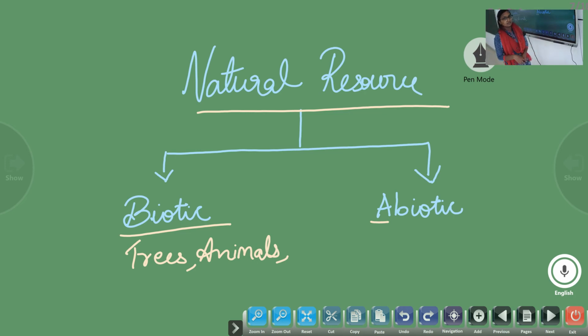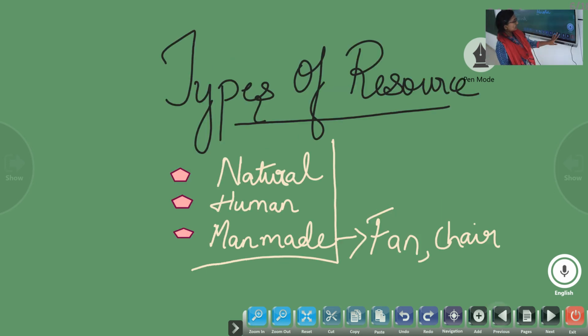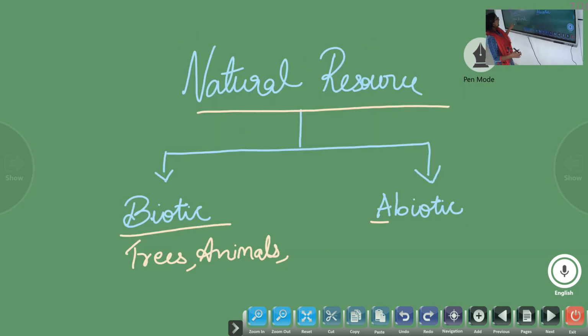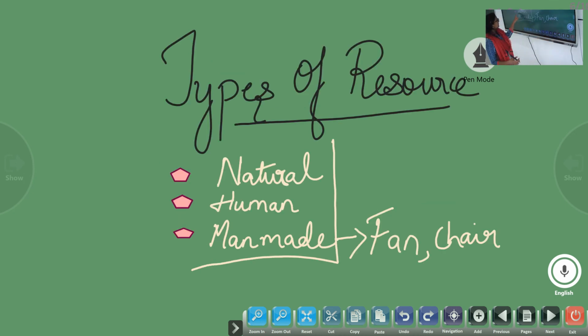However, we don't come under natural resource, and everything man-made is abiotic. Did we see here man-made and human? Humans are all living, and all of the man-made things are abiotic. They are non-living.